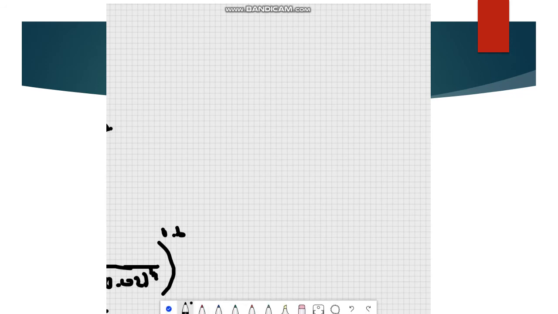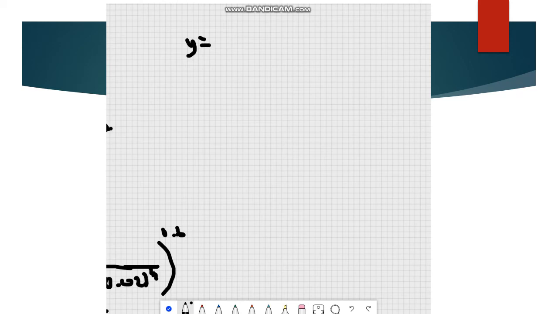So let's do here y is equal to alpha Q0 to the m.